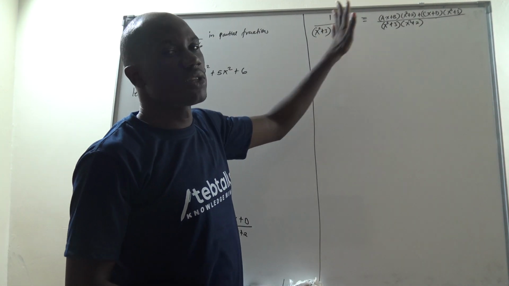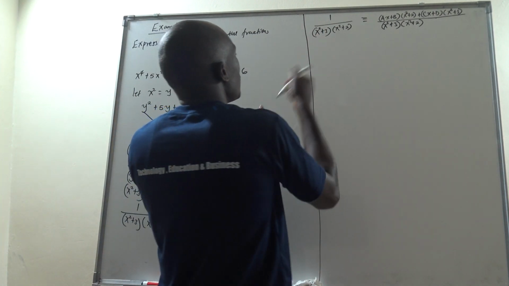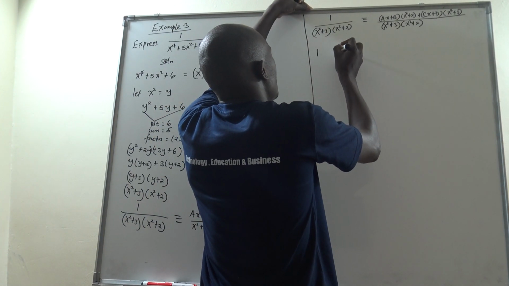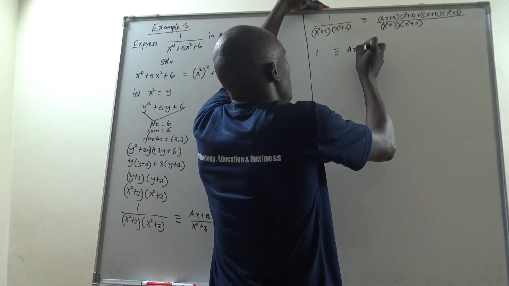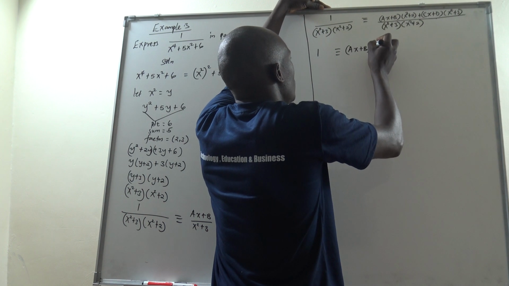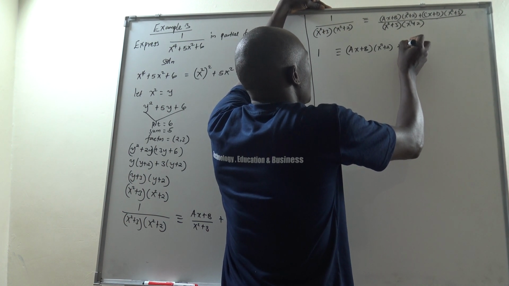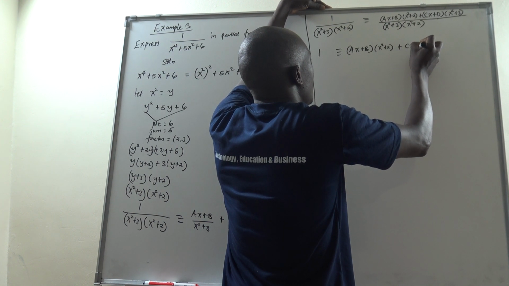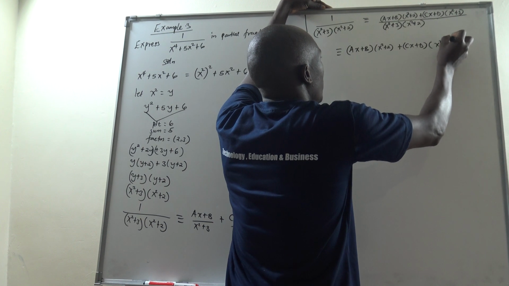On the left hand side and the right hand side, all of them are the same, so they are going to cancel. We are going to remain with 1 is the same as ax plus b into x squared plus 2 plus cx plus d into x squared plus 3.